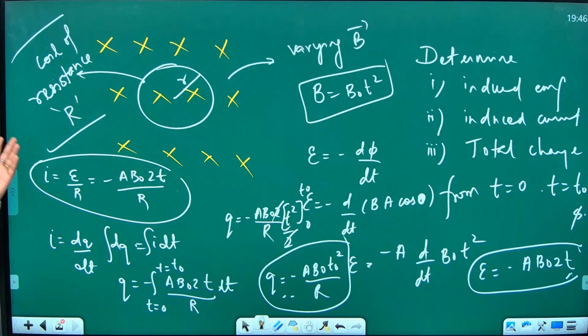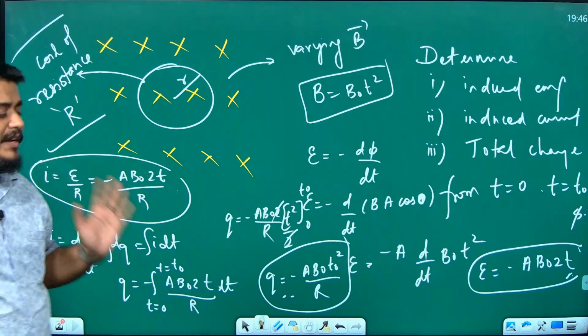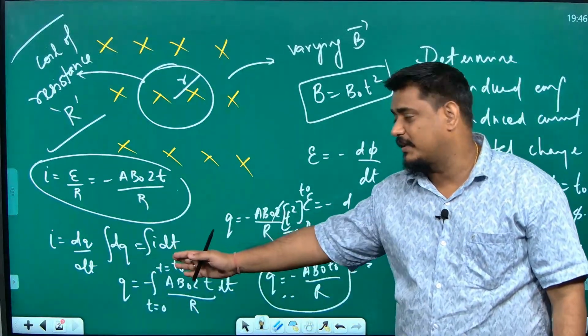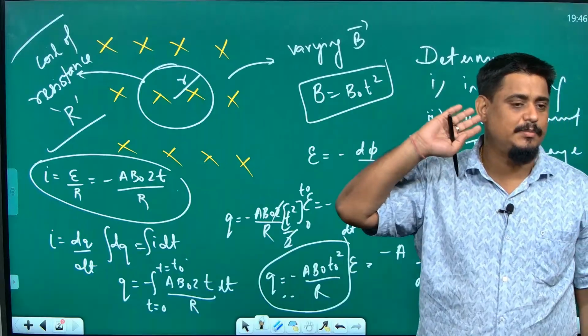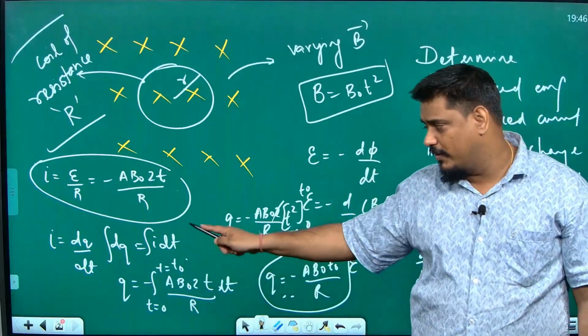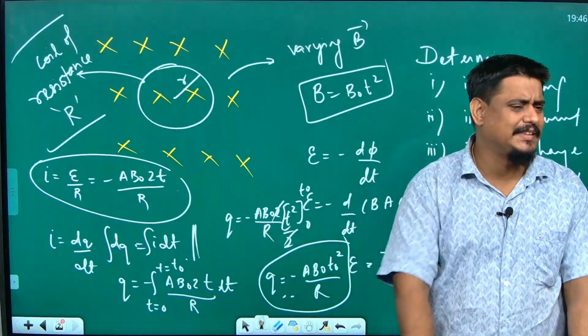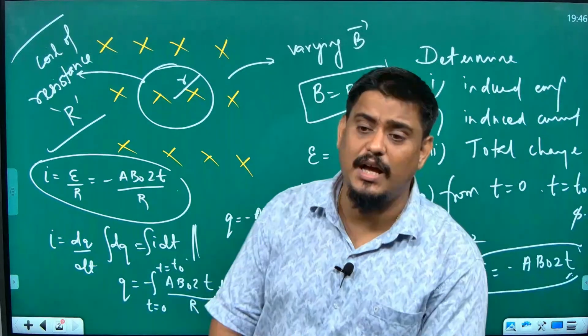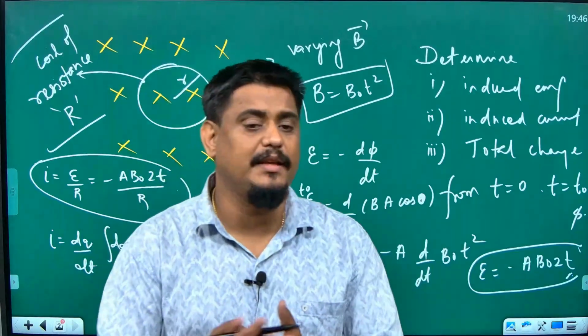And when you use I is equal to dq by dt, you get the value of charge. This is not taught in this chapter, it comes from your third chapter on current. You know this basic thing, I is equal to dq by dt, it is not new for you. And this is how the questions are kept in the examinations.